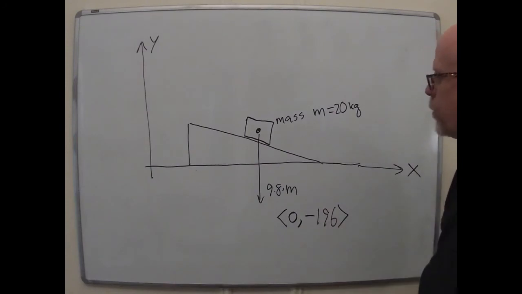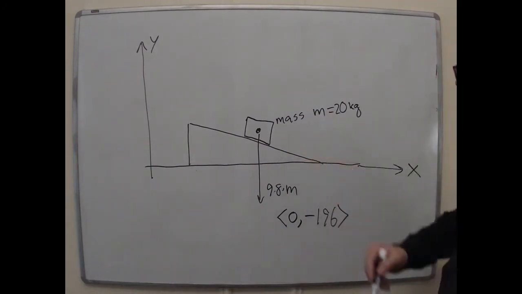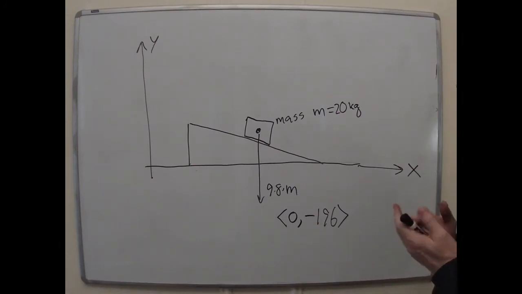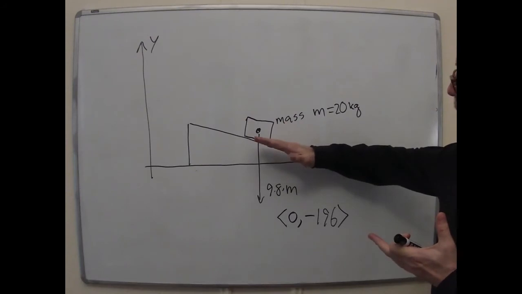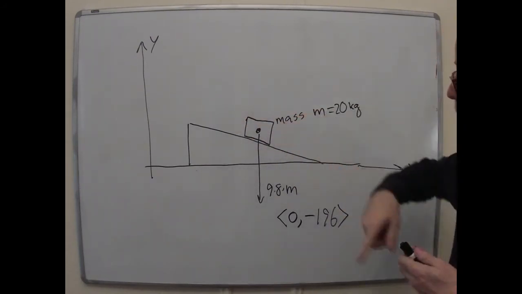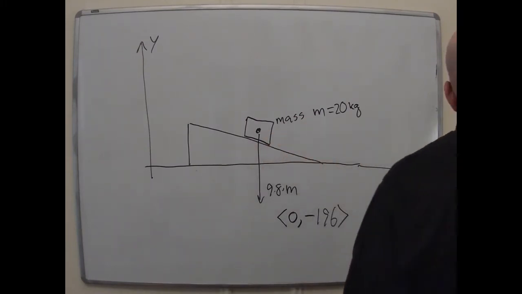That's the force of gravity, or that's the vector that corresponds to the force of gravity applied to this mass. Now here's the problem. The mass, because of this plane underneath of it, if it's going to move, it either moves upward or downward. Of course, if we only had the force of gravity acting on it, it would try to slide back down the plane.